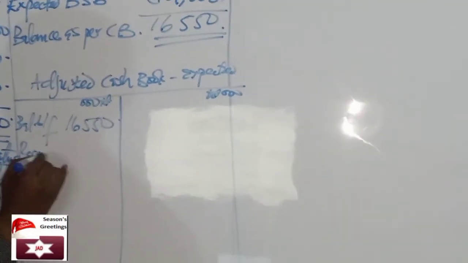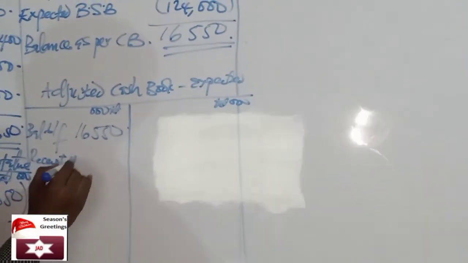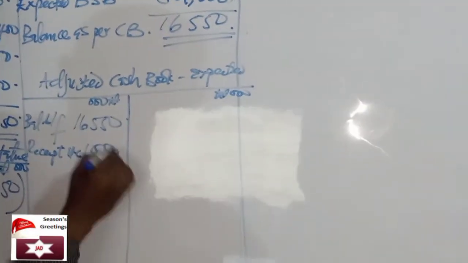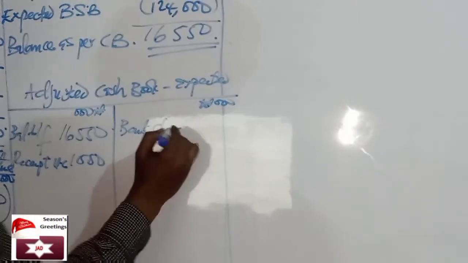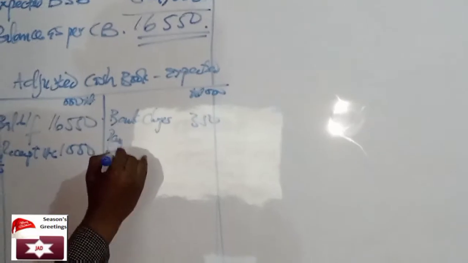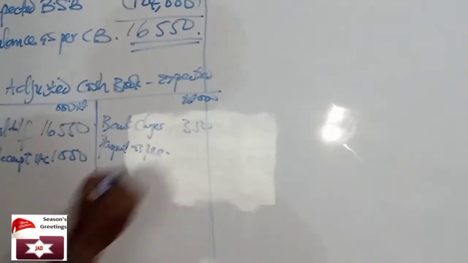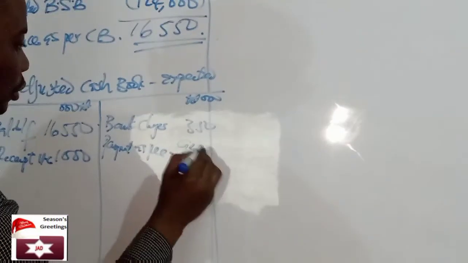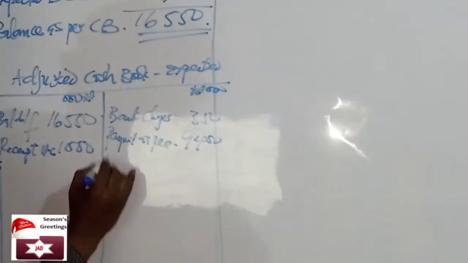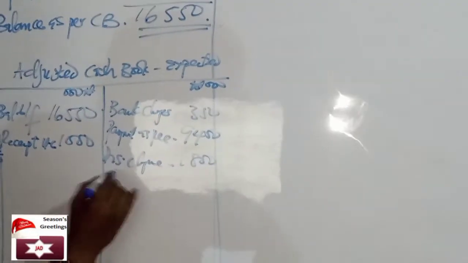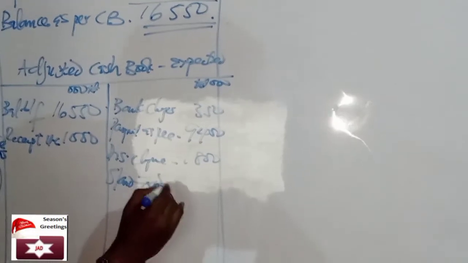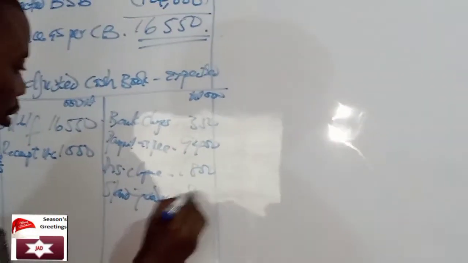What are the items that we had there? We had receipts under cast of 1,000. We had bank charges of 350. We have payments as receipt of 9,400. We have dishonored check of 1,800. We had standing order of 800.